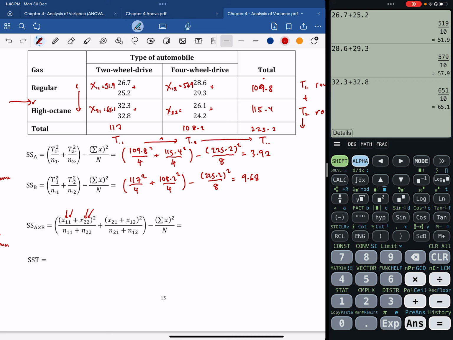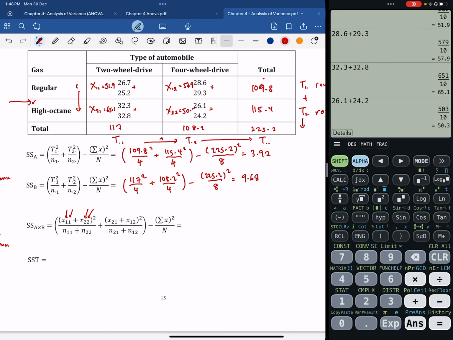And x22: 26.1 plus 24.2, you will get 50.3. Now let's transfer this to the formulation.